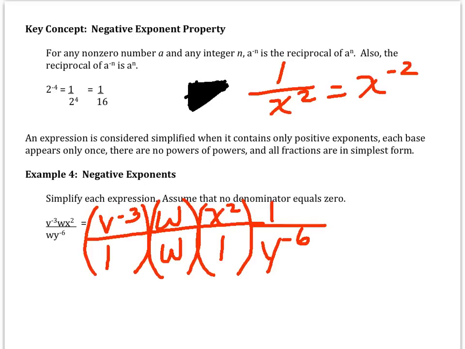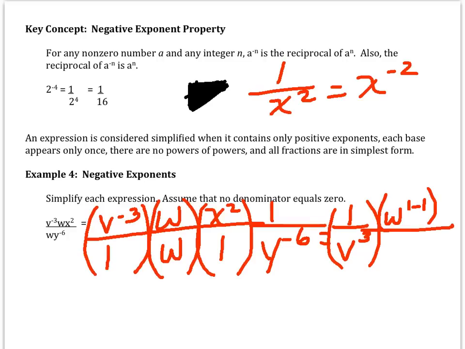So now we need to figure out what to do to simplify this. So v to the negative 3rd over 1 needs to be positive, so let's just go ahead and put 1 over v to the 3rd, and then we have w to the 1 minus 1 power, and x squared, and then we need to fix that 1 over y to the negative 6th, so we're going to have to put y to the 6th at the top in the numerator.